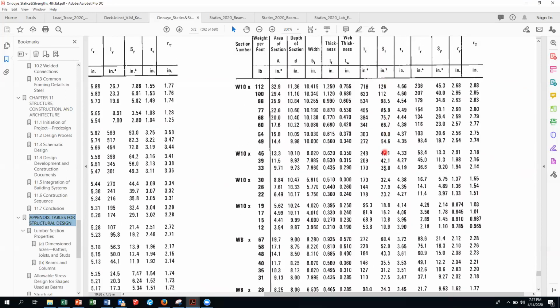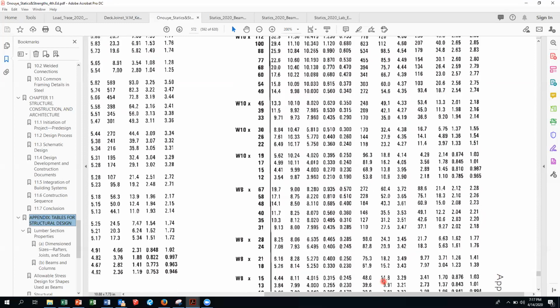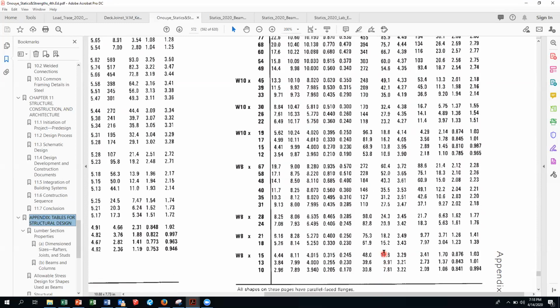So which one was that? That was right here. So you got 15.2, which is your section modulus. 5.26 is your cross-sectional area. And then you can run the actual shear stress and the actual bending stress.